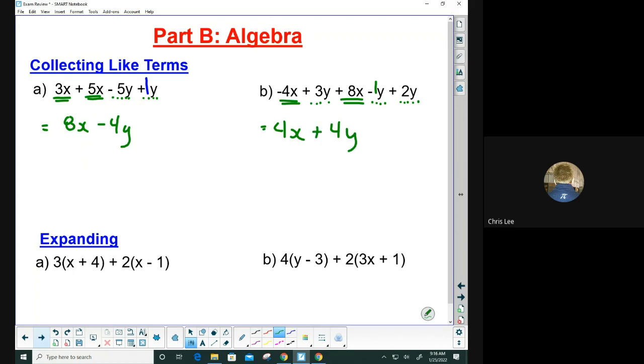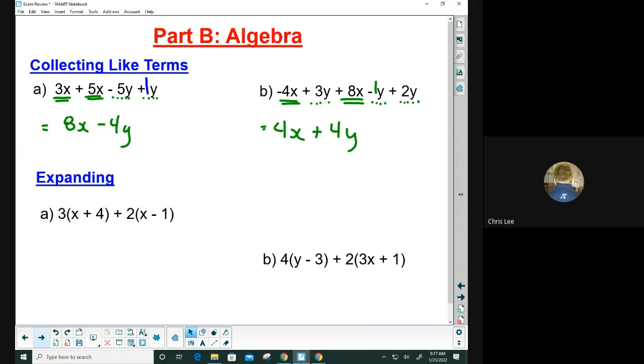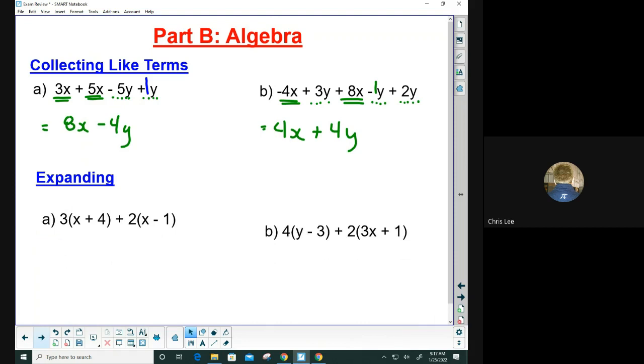Just plus. Same with this one. The answer was minus 4, so we just write down minus 4. Can I go any further? How come? Unlike terms. Good job.